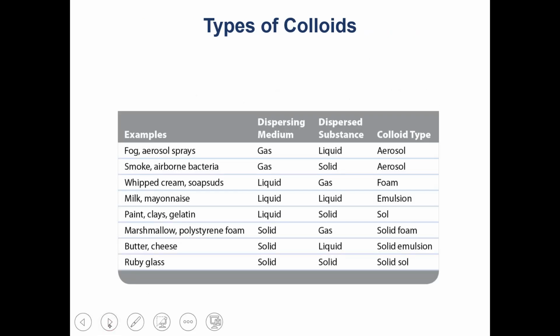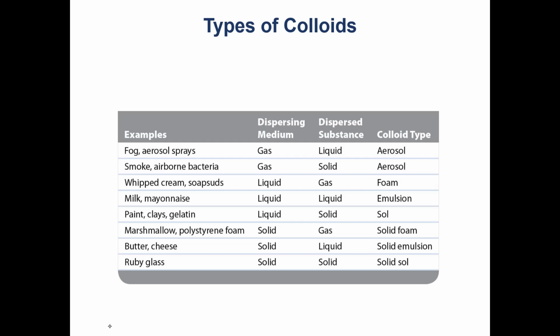So there's a few different examples. Things like aerosol sprays are actually colloids. So there's a liquid dispersed in a gas, and it sprays out the way that you want it to. So things like those sprays that have different scents, or things like hairspray, are actually colloids.